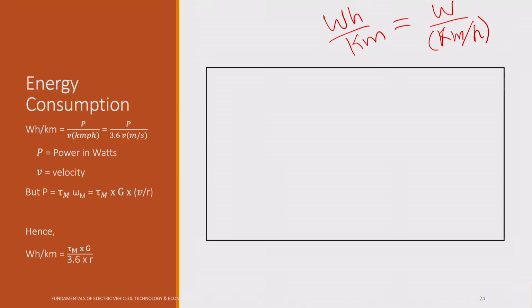Kilometers per hour is the speed, watts is the power. So, the energy required to cover 1 kilometer is the same as the power required per kilometer per hour speed.